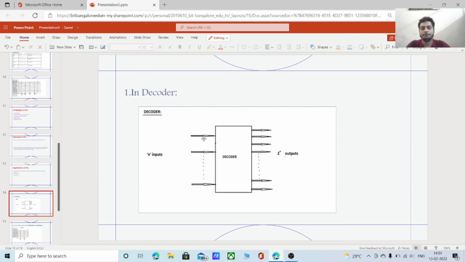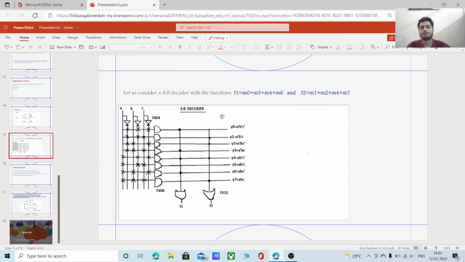Let us know how PAL can be used in a decoder. A decoder is an electronic component which receives n number of inputs and gives 2 power n number of outputs. We can see the logic diagram of the decoder here. It's the internal diagram of a 3:8 decoder, which receives 3 inputs and gives 8 outputs.